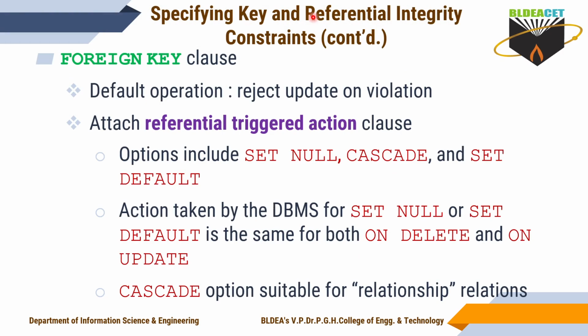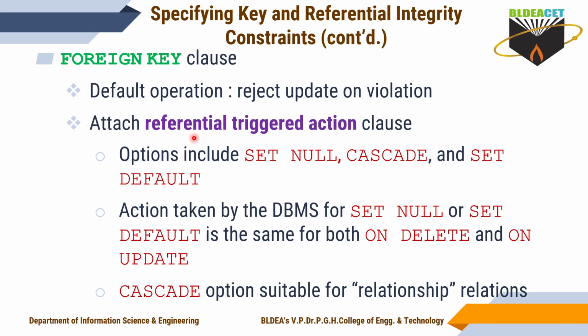Next are the referential integrity constraints. Referential integrity constraints are related to the foreign key, and the options are reject, update or violation. As we already know, if you want to relate any two tables, you relate them with the help of the primary key and foreign key.